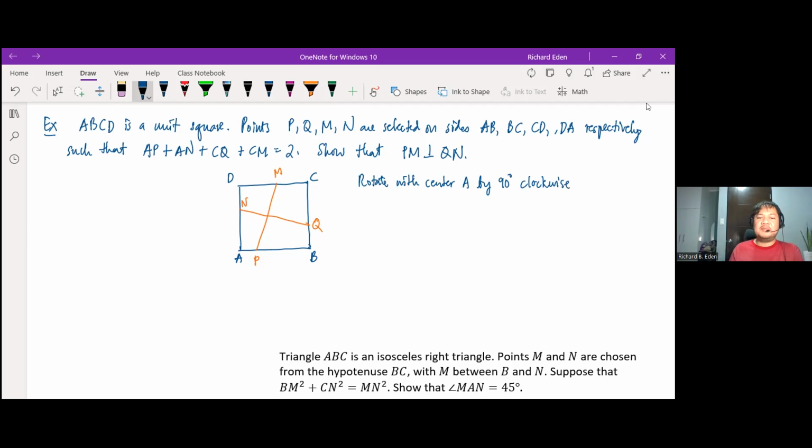Okay. So what's gonna happen is that A of course is going to be fixed. So nung D, let its image be D prime. So here is where that's gonna go.